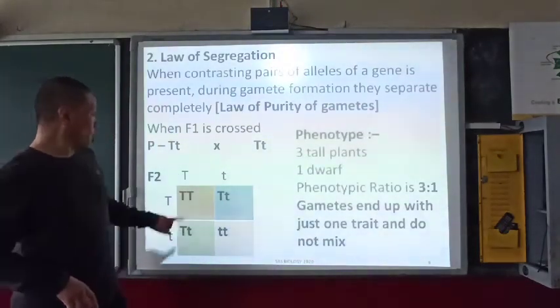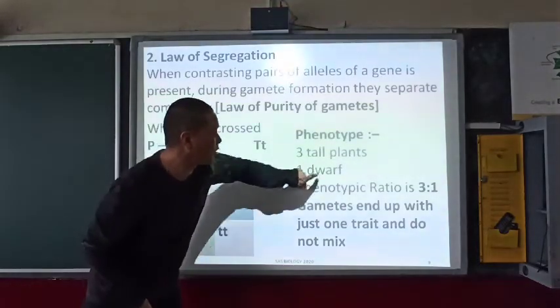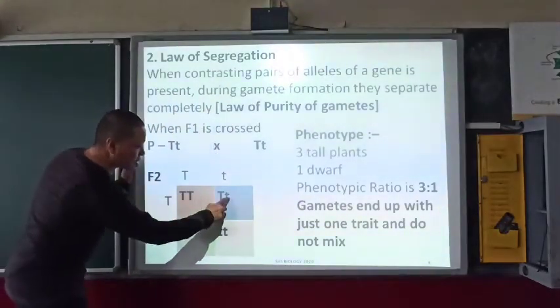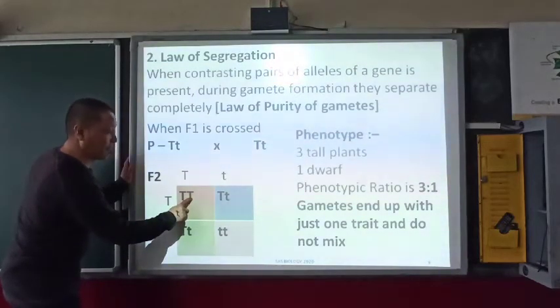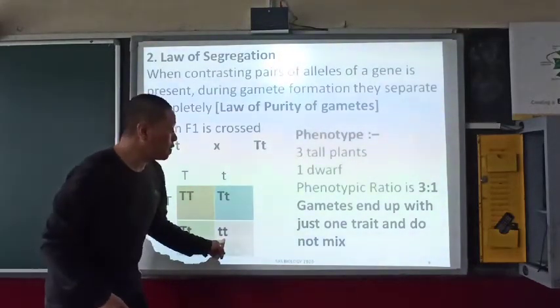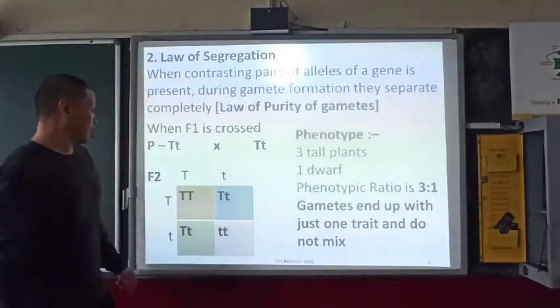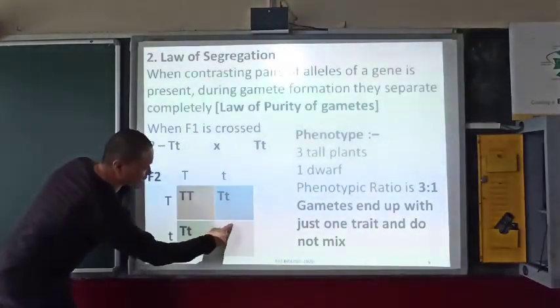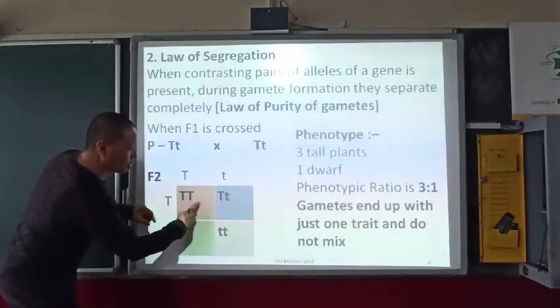Now what this tells us is, phenotypically, or the phenotype, we have 3 tall plants. Because this is a heterozygous tall, and here is a pure tall. And then we have 1 dwarf. So initially we started off with the crossing of this and this as parents, pure tall with a dwarf.